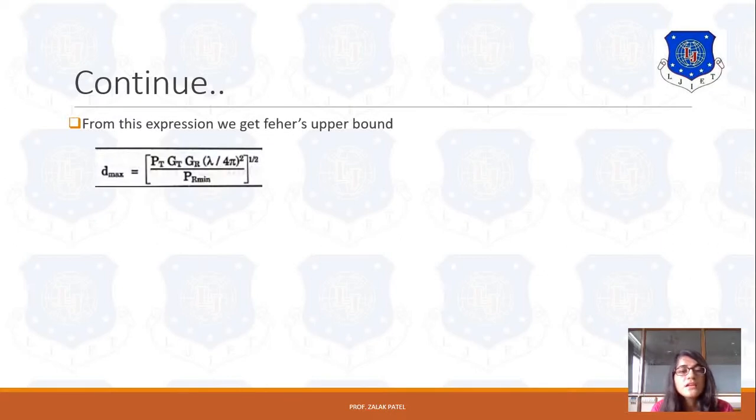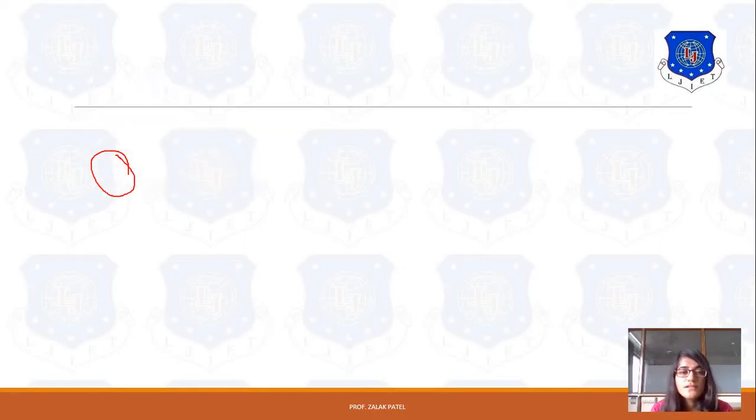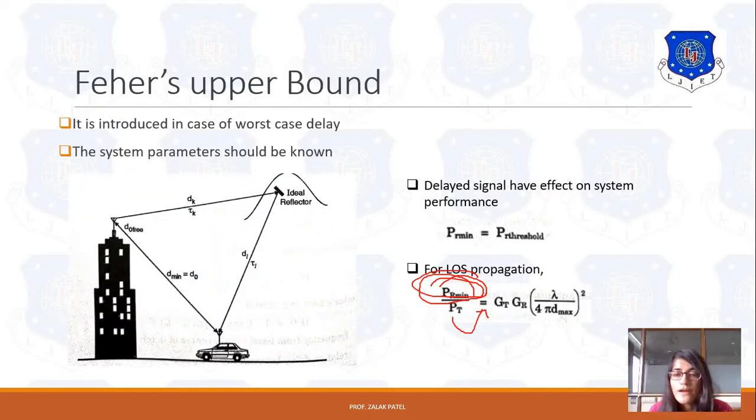Now from the previous equation we can arrange the equation and find out the value of D. Let's see one more time that if we want to find out the D max, then if we put D max as subject, D max square is equal to GT GR lambda square upon 4 pi square into PT upon PR.